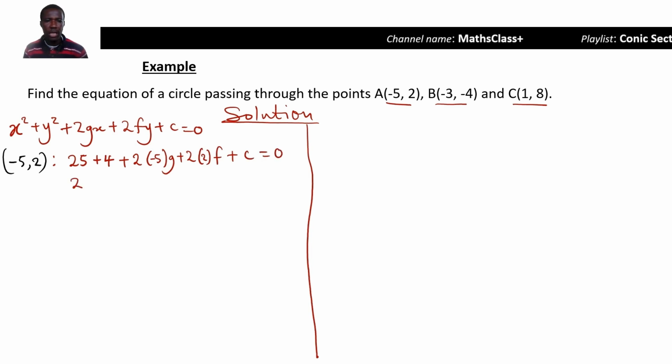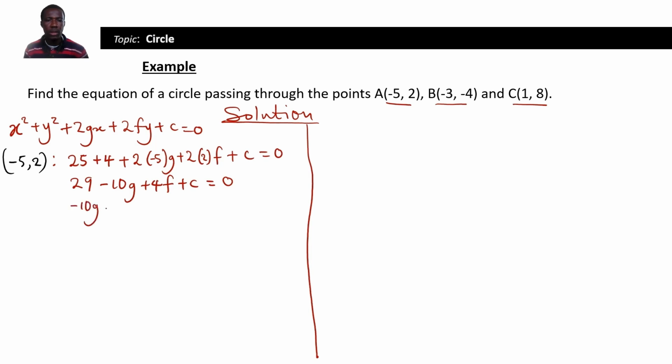So we have 29 minus 10g plus 4f plus c is equal to 0. So we can simplify as minus 10g plus 4f plus c is equal to minus 29. And we will label that as our equation 1.